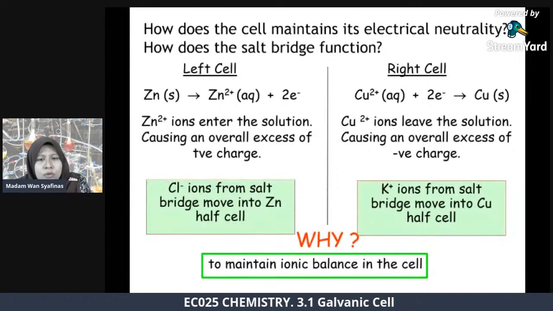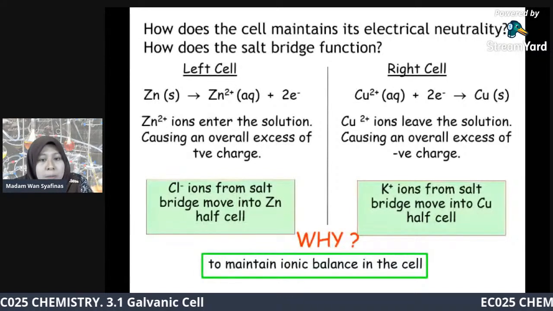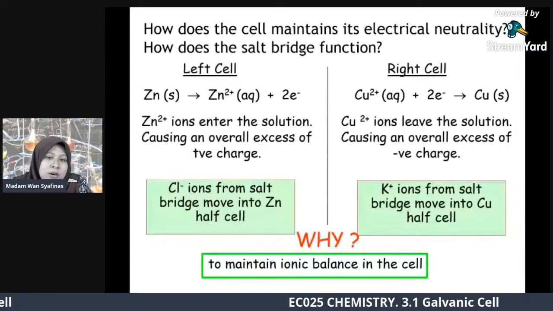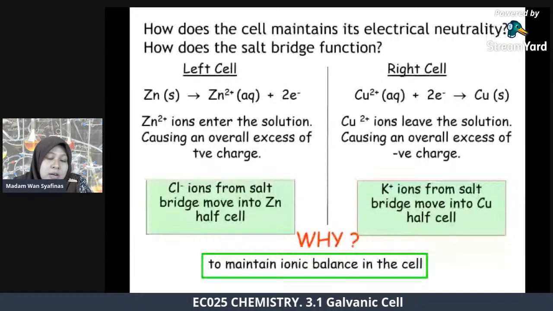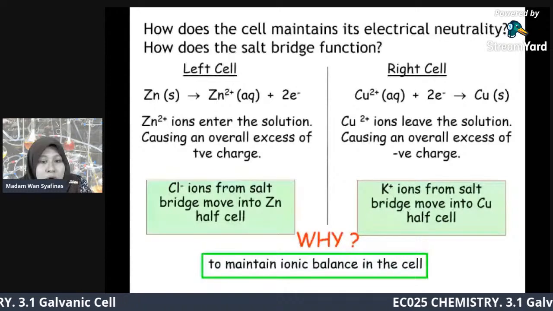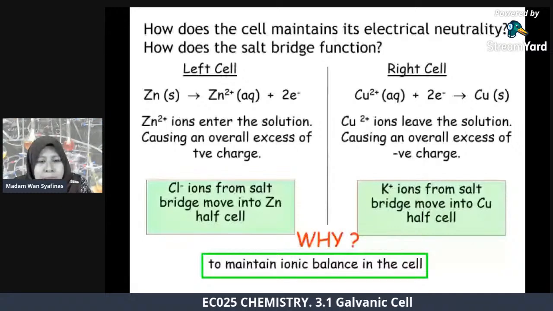For the right cell, we have copper. Copper accepts 2 electrons and produces copper solid. So the copper 2+ ions leave the solution, causing an overall excess of negative charge. So K plus ions from the salt move into the copper cell. Why do these two happen?